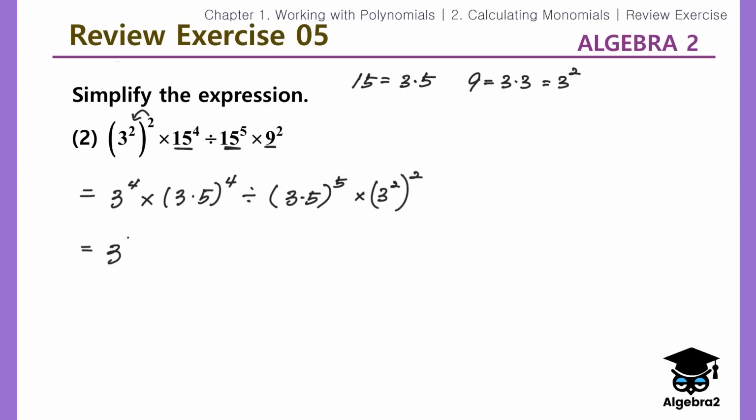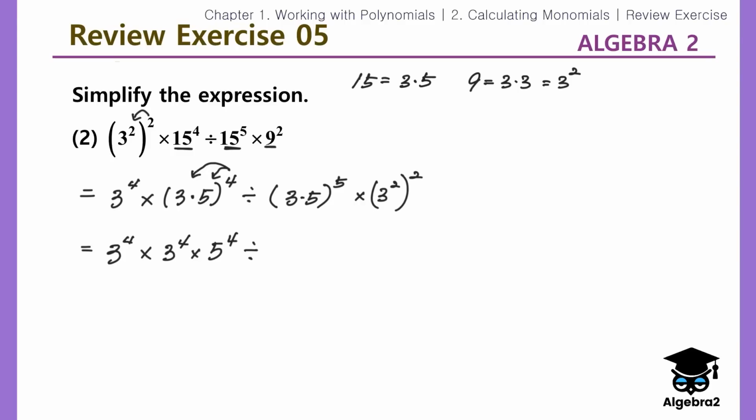So 3 to the 4 times, distribute this, 4 times 1, so 3 to the 4 times, this is a multiplication, okay? 5 to the 4 divided by all of this thing.